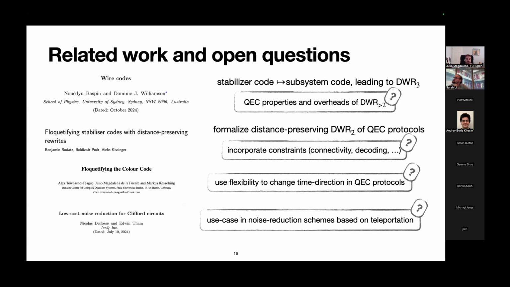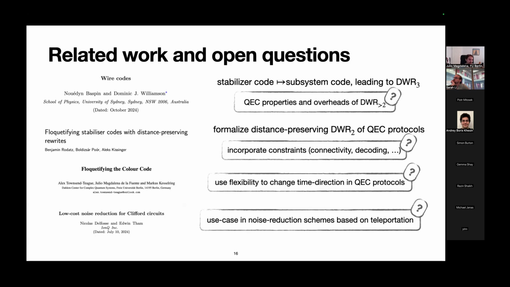For example, how important is distance preservation? Is there something to be gained if you look at a full circuit instead of its individual components when compiling? Phrased in this way, it seems like there is, but it's not obvious to me how to tackle this problem practically.